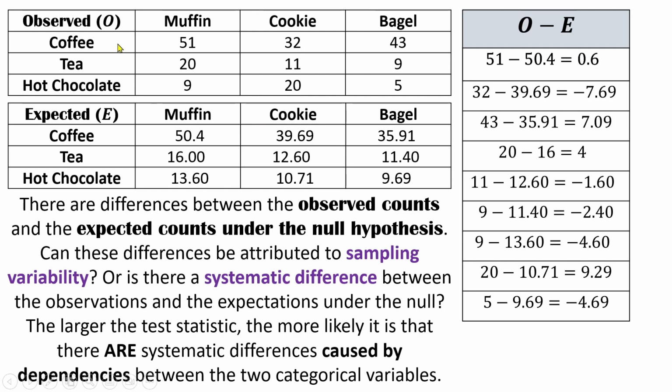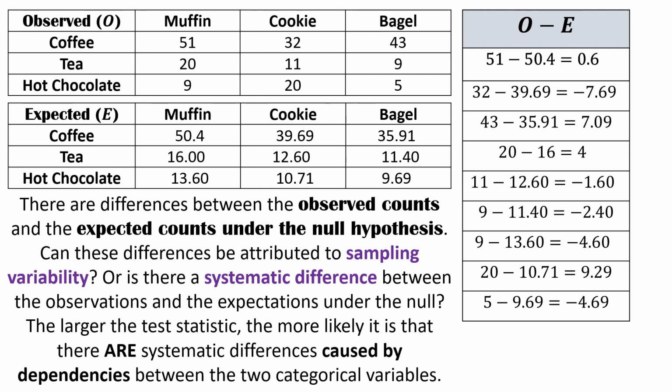However, if we already know that that person has ordered a muffin, there are two scenarios. The first scenario is that knowing the person ordered a muffin has no impact on the probability that they ordered a coffee. In other words, even if we know they ordered a muffin, the probability they ordered a coffee is still 0.63. In that case, these two things are independent of each other.